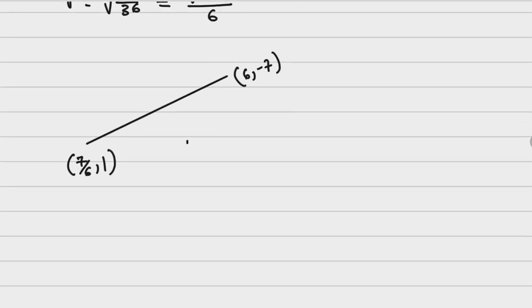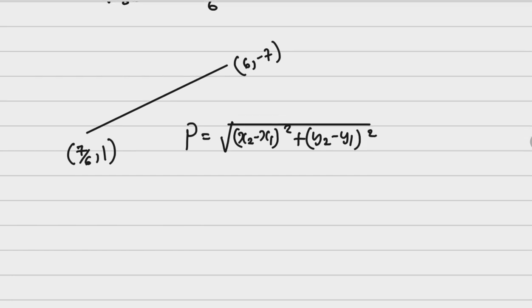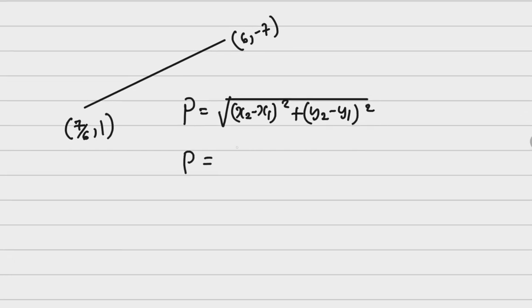So we are going to use the knowledge of length of a line. So I have p will now be equal to square root of x2 minus x1 all squared plus y2 minus y1 all squared. Now having this means that we are going to have this.